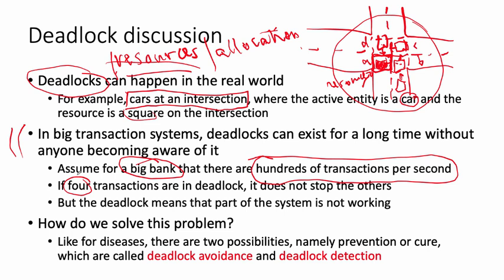So it's kind of hard to detect this. So we have to be very careful. In this big bank, with a huge number of transactions, many of them can be deadlocked, and we won't even know unless we really look specially to see if we can find them. So deadlock is a real problem in big systems.